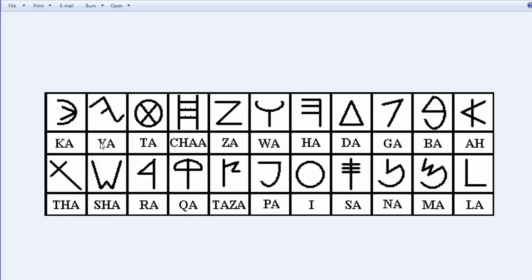You have the ah sound, and then you have the I sound. Like you have the word Malak, which means king. That's just one sound as far as the ah is concerned. But then you have the name Yahawashi, which has the ah and the I sound in Yahawashi's name.